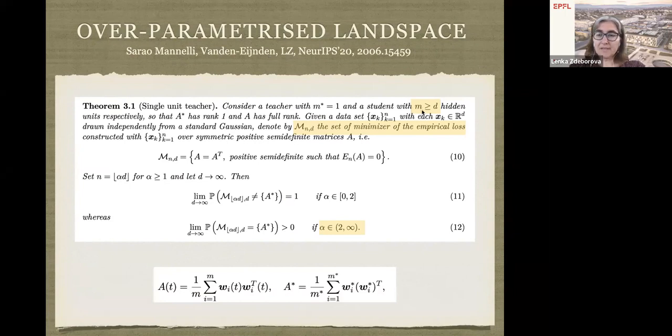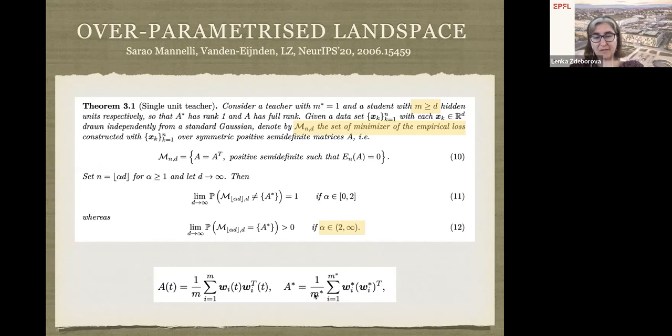When the number of hidden units is larger than the dimension, if we call M of n and d the set of minimizers of the empirical risk, then we could prove that if alpha, that is still the number of samples over dimension, is between 0 and 2, then the set of minimizers includes more than just the ground truth value A star. Here we call A star the teacher weights times its transpose.